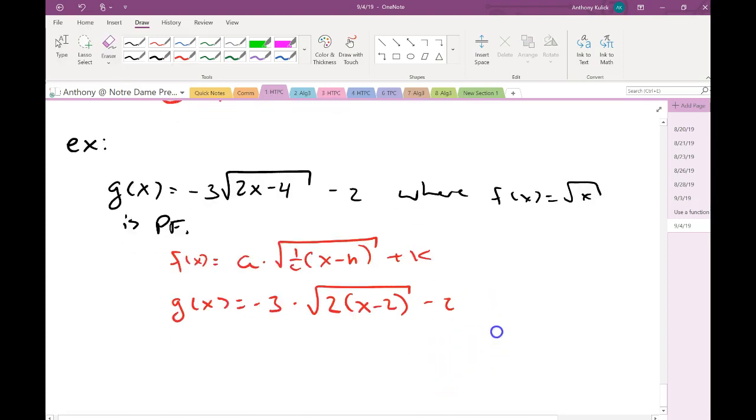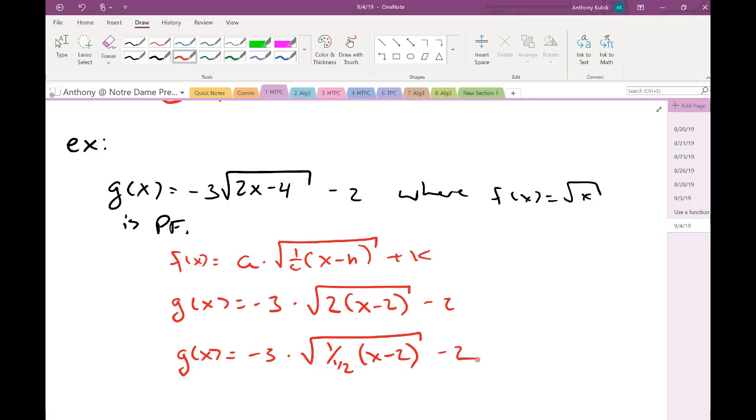But I want to rewrite 2 as a fraction with a numerator of 1. So this is what Sam was talking about earlier when he was confusing everybody going 1,000,000 miles an hour. Well, what is 1 divided by 1/2? 2, right?